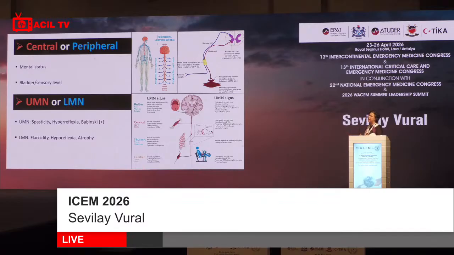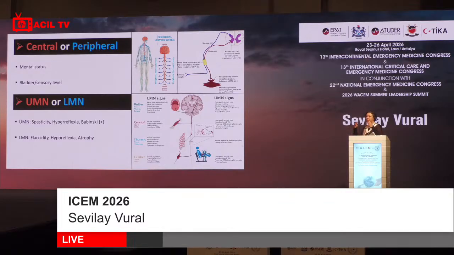It is not exactly the same thing as distinguishing central or peripheral. It's very similar, yes, but it's not exactly the same, because think of the central nervous system and peripheral nervous system as a highway with lots of lanes.